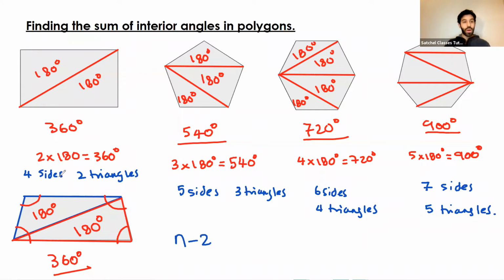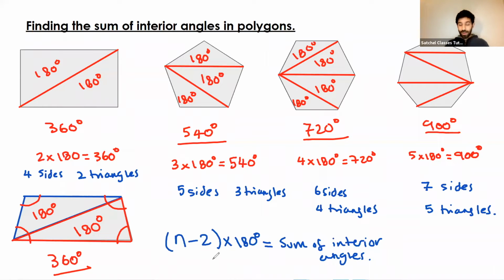So 4 minus 2 gives us 2 triangles, 5 minus 2 gives us 3 triangles, 6 minus 2 gives us 4 triangles, 7 minus 2 gives us 5 triangles. So it's going to be the number of sides minus 2 multiplied by 180 gives us the sum of interior angles. And this is a good formula to remember.